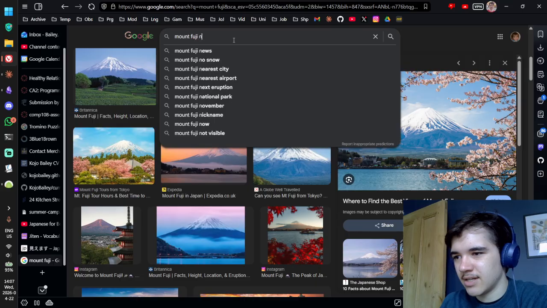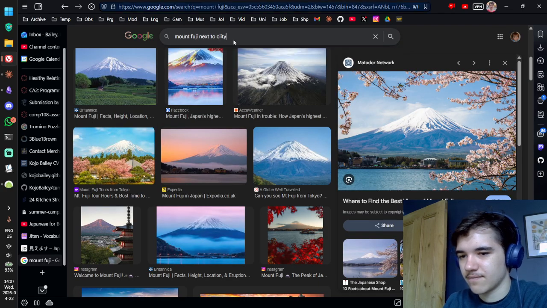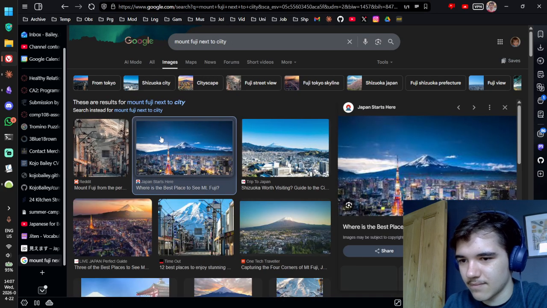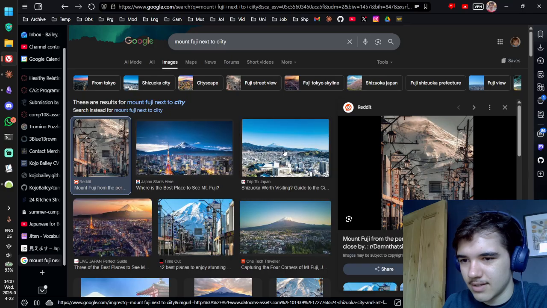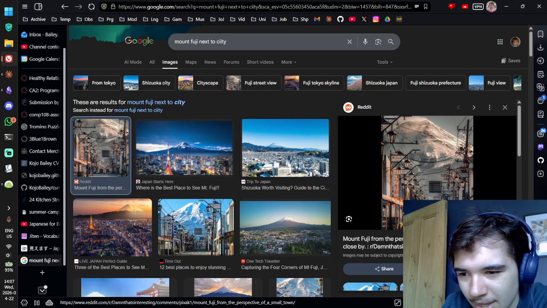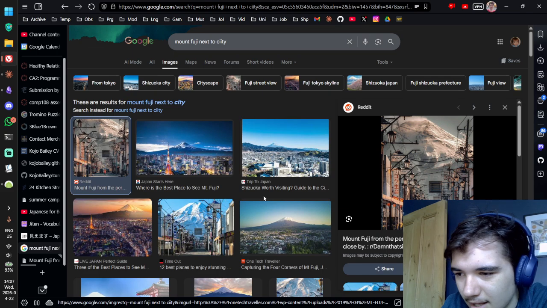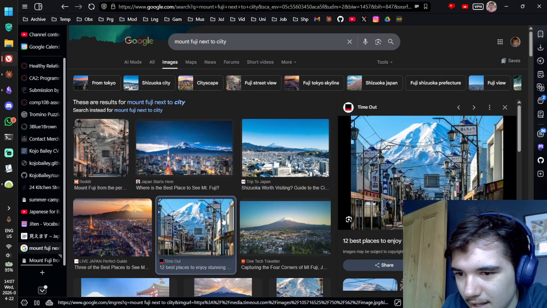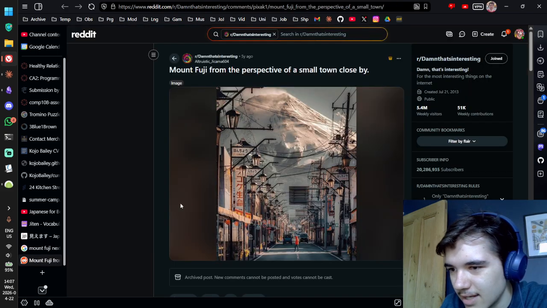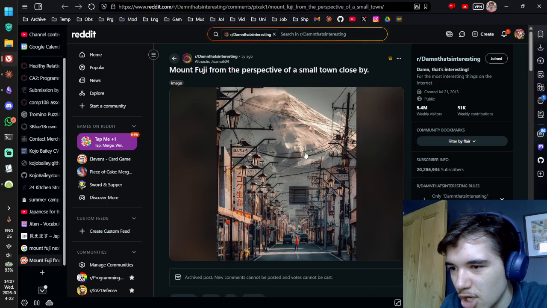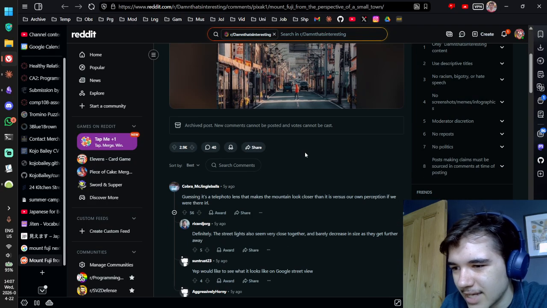Mount Fuji next to city. Are these real? There's no way that's real. It's insane. It looks so close as well, but it's really far.